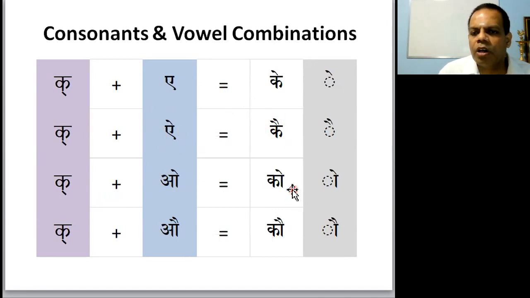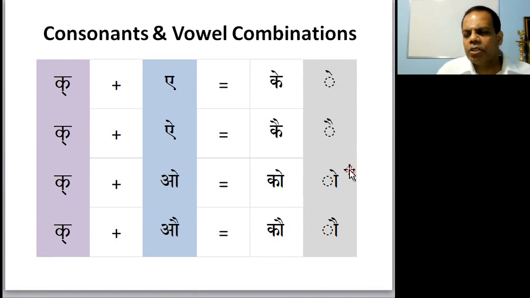You can see it's more or less similar to ka with the horn on top of the vertical line next to the letter ka. K plus au is kau. The only difference is that on top of this extra vertical line, you have two rabbit ears or horns. That's kau.